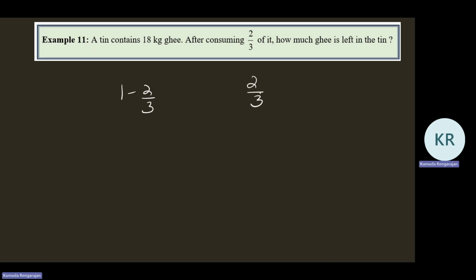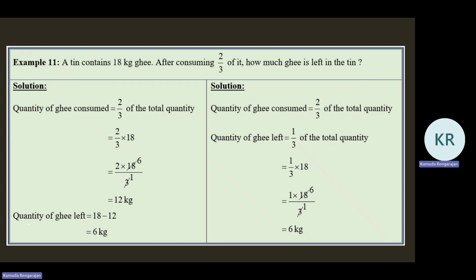Two-thirds of the ghee is consumed, so not consumed will be 1 minus 2 by 3. What is 1 minus 2 by 3? 3 by 3 minus 2 by 3, which is 3 minus 2 by 3. You can write 1 as 3 by 3, right? Which is 1 by 3. So I've done it in 2 ways. You'll have to work it both ways.